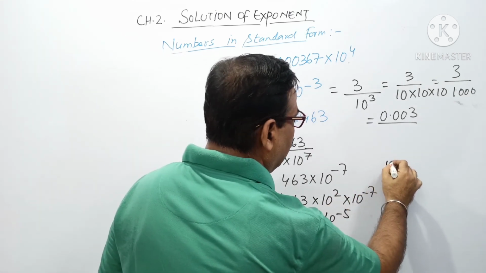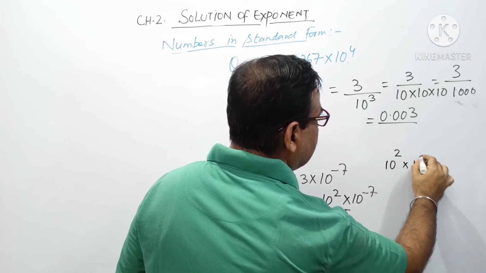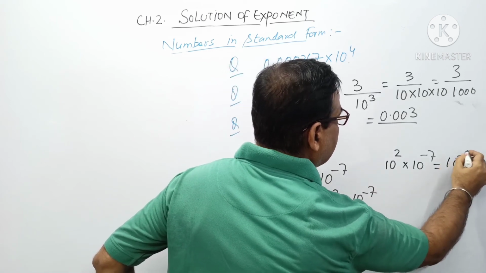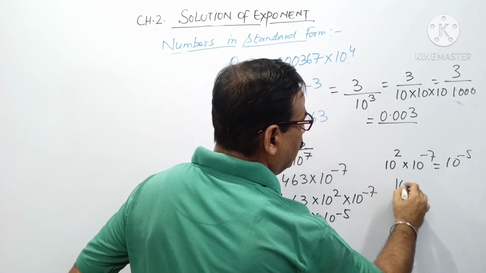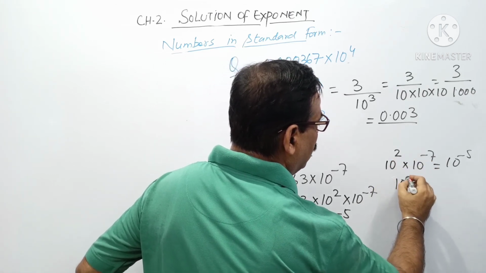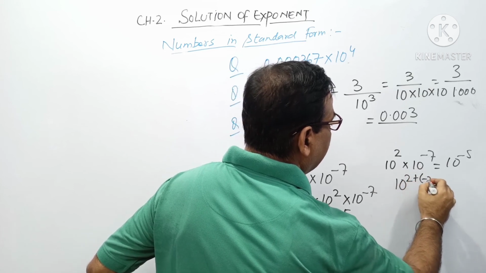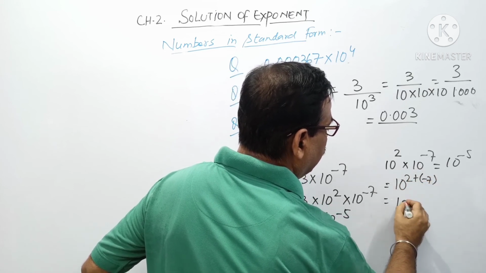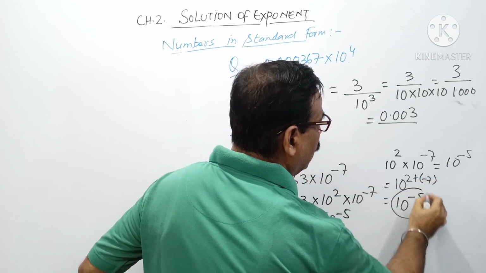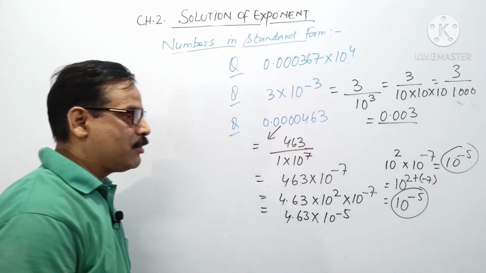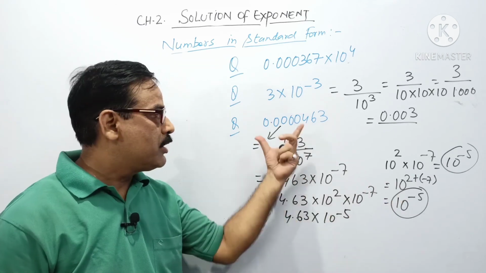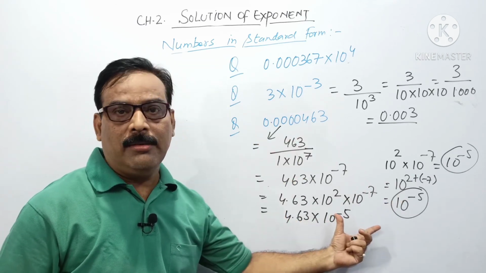Because 10 to the power 2 into 10 to the power minus 7: the base is the same, 10, and the powers are different, so they are added together, 2 plus minus 7, which is minus 5. So the standard form of this question is 4.63 into 10 to the power minus 5.